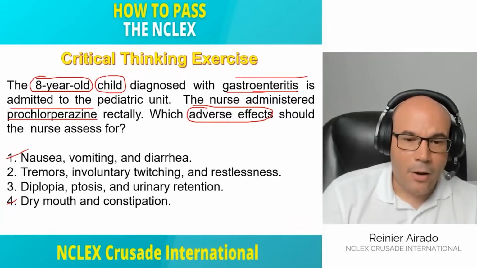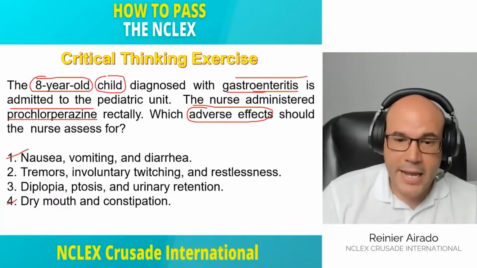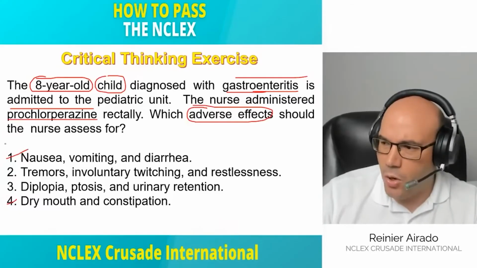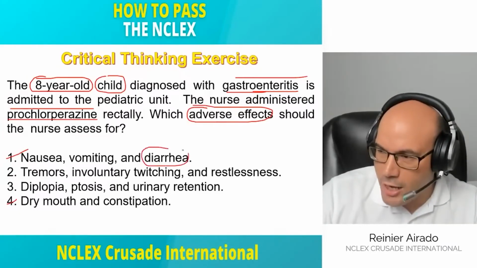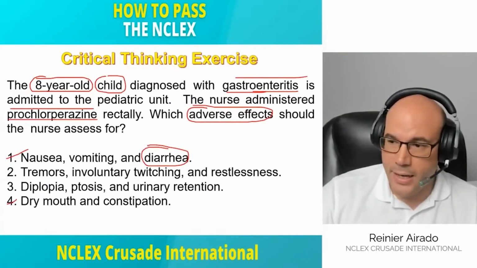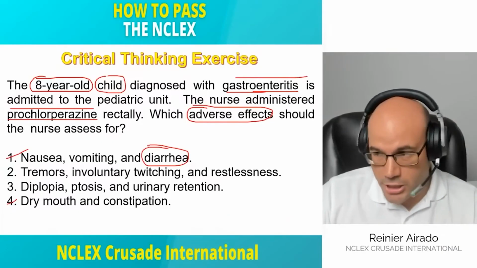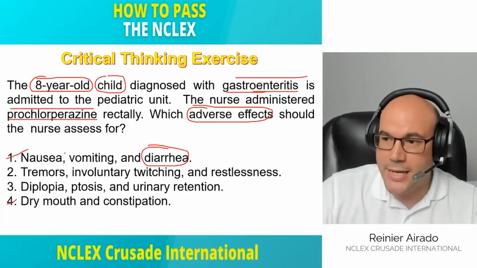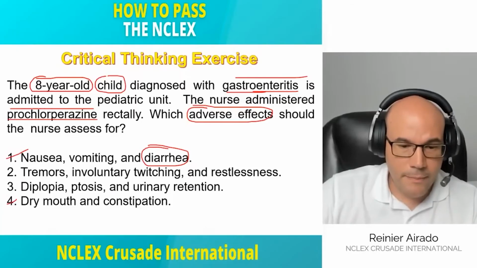Now, this medication is not known to cause diarrhea, so this does not make sense. So two reasons why I can eliminate answer number one. Does not make sense with diarrhea, and I am giving it to treat the nausea and vomiting.